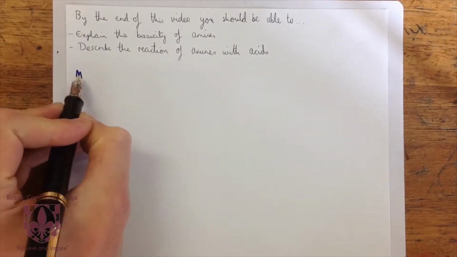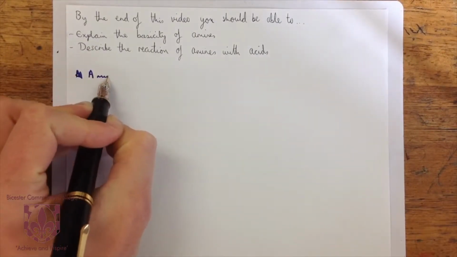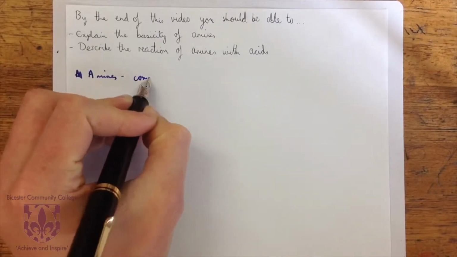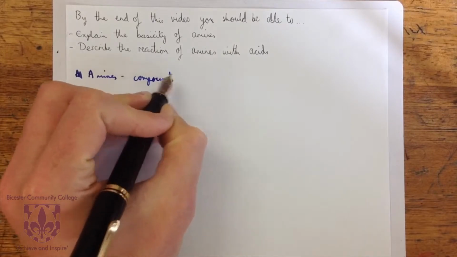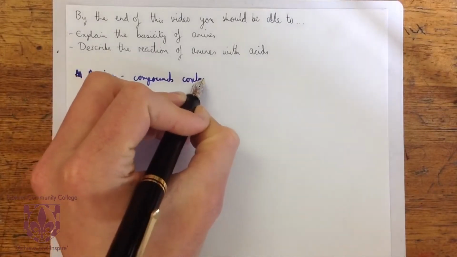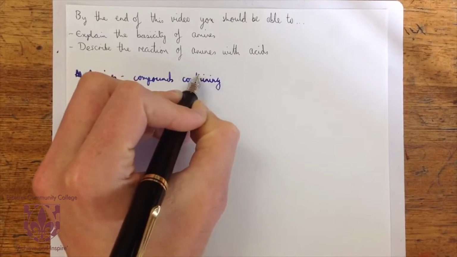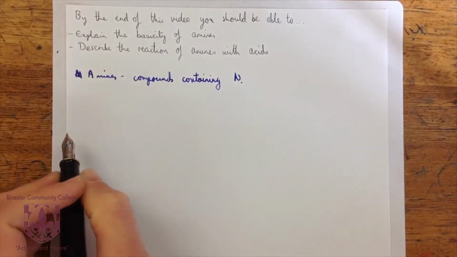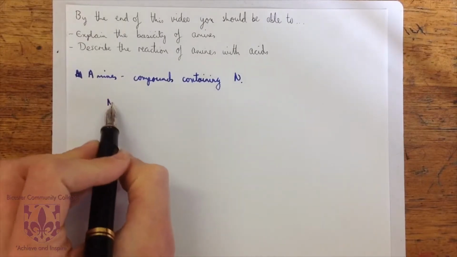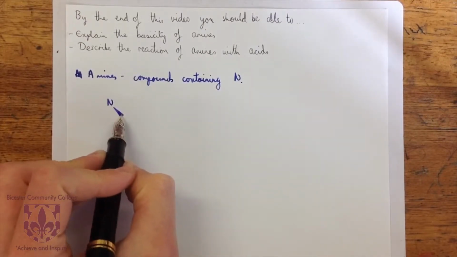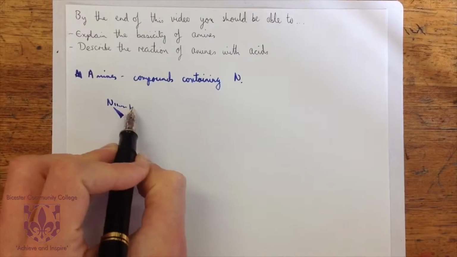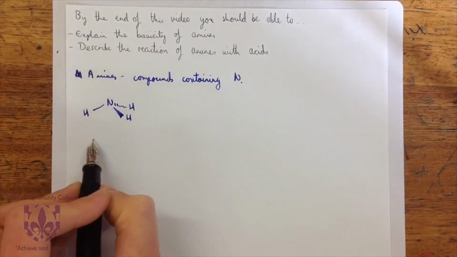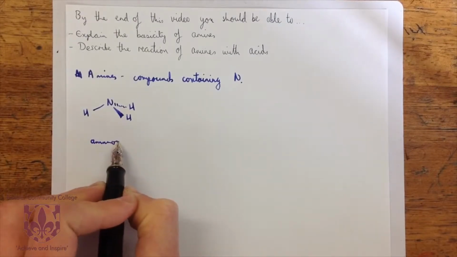So amines are organic compounds containing nitrogen, really. One we've met before is ammonia, and that's ammonia.